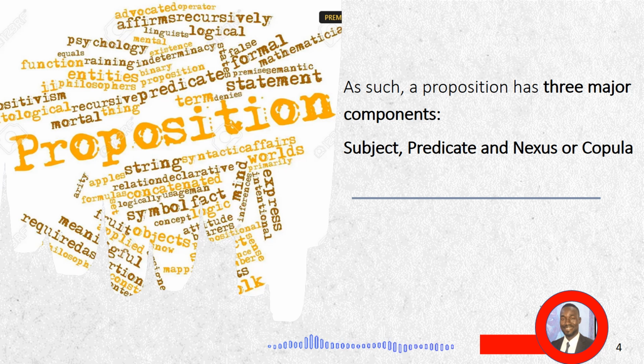The subject is the noun or noun phrase that is the focus of the sentence, and the predicate is the verb or the verb phrase that describes what the subject is doing or what is happening to it. The copula or linking verb is the verb that connects the subject to a complement or attribute that describes or identifies it.